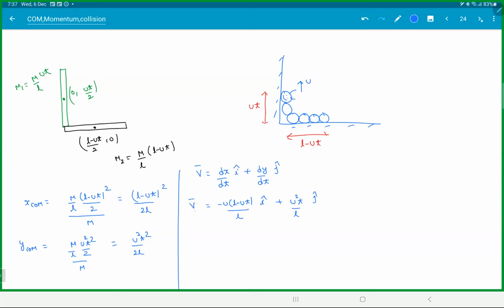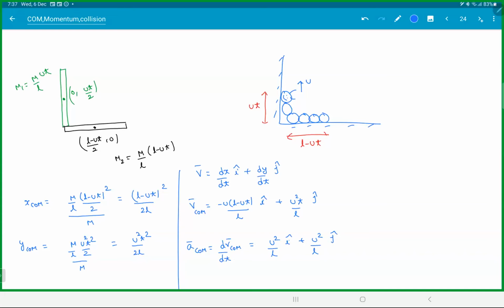This is your velocity of center of mass. You want acceleration? Differentiate velocity again. This would be u square by L i cap plus u square by L j cap. If you observe, the acceleration of center of mass is constant. Please check the steps.